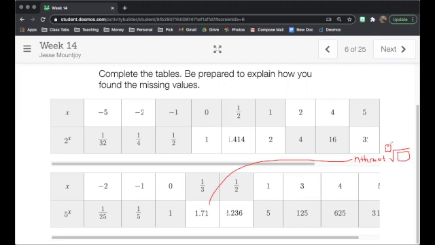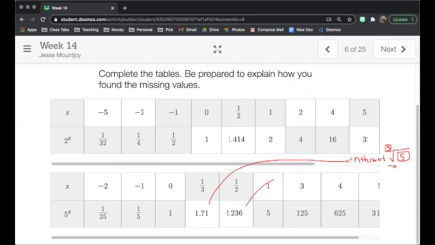Type in 3, then hit the arrow key, and then you can type in 5 for your base. So this is the cube root of 5, and that is about 1.71.